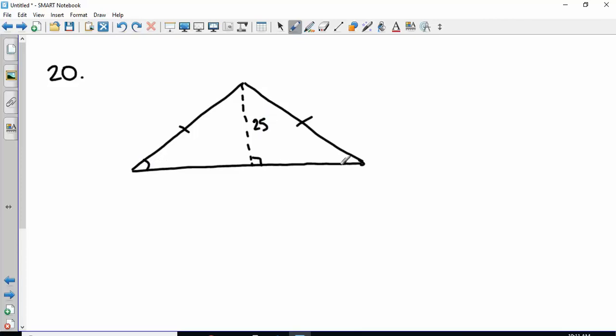And remember, if it's isosceles, if those two sides are the same, then those angles down there would be the same as well. Okay, so we know the height is 25. And each of the 2 equal angles is 17 degrees. How long are the sides? Use significant digits. So I need to find these.